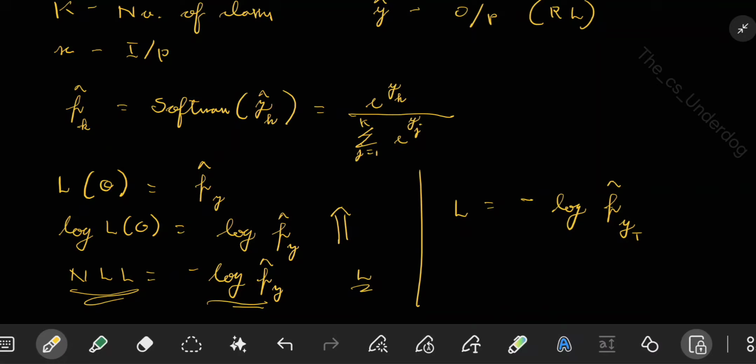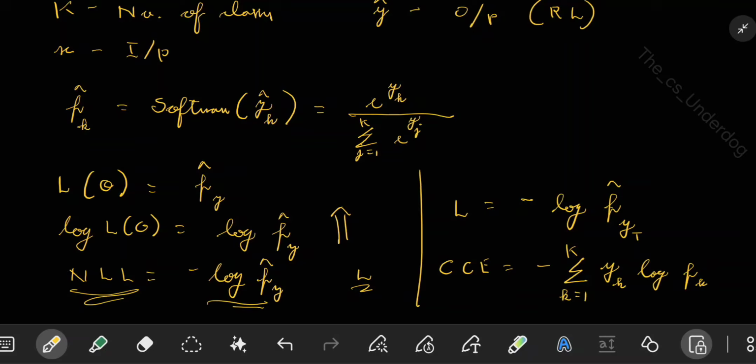In categorical cross entropy, we did something like this: minus sigma k equal to 1 to k, over all the classes, we summed yk into log pk cap.